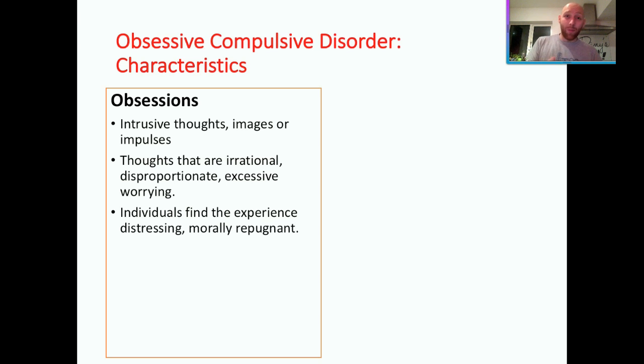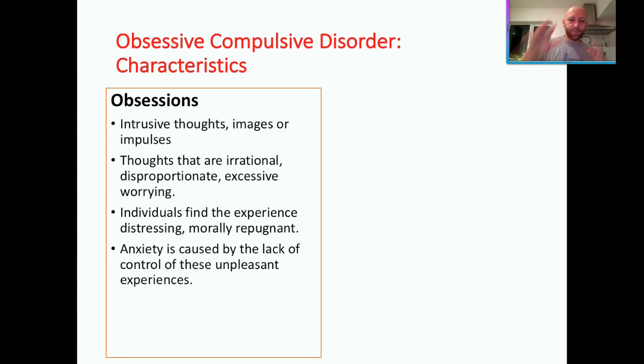We've all had that moment, haven't we, where something's popped into our head and we've just thought, ooh, why am I thinking of that? Well, imagine that on a daily basis. The anxiety caused by the intrusion of these images and ideas and thoughts is due to the lack of control that we have. You can't actually control these ideas or the conjuring of them up in your own brain, and that causes us anxiety.